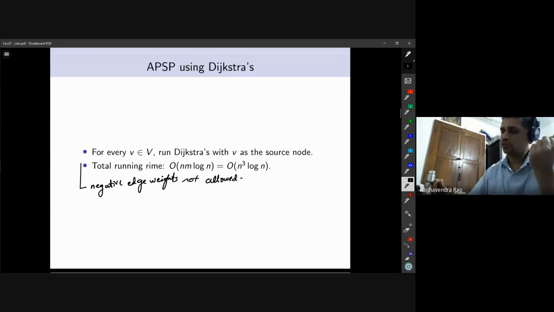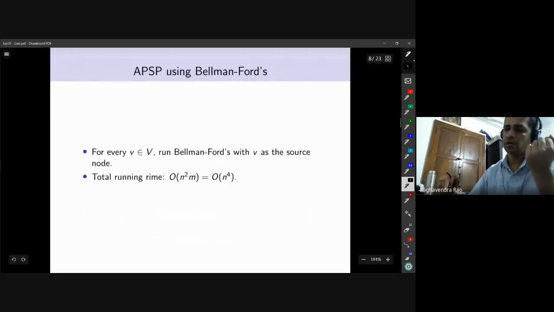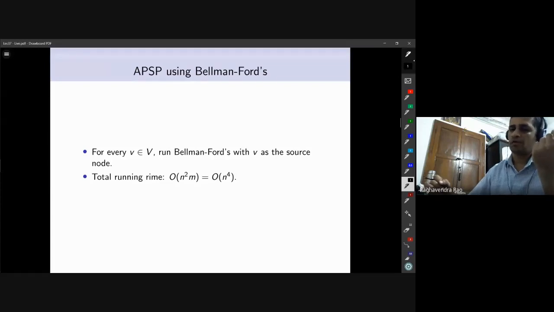Whereas if we use Bellman-Ford, same thing, you just run Bellman-Ford for every vertex v as a source node. The total cost will be, Bellman-Ford takes order of mn time. We'll be running it n times, so this will be order of n squared m.